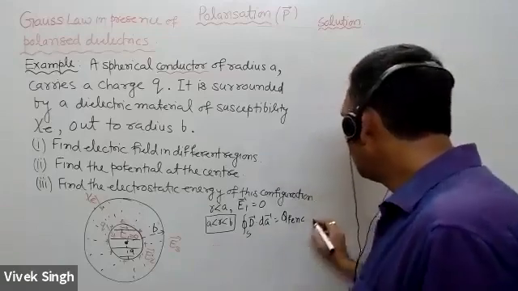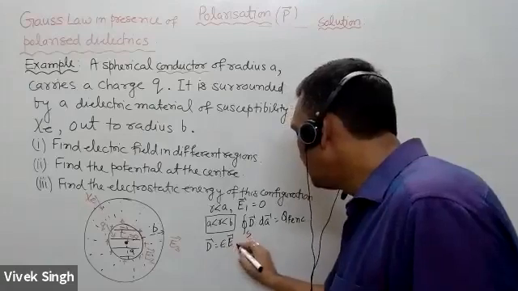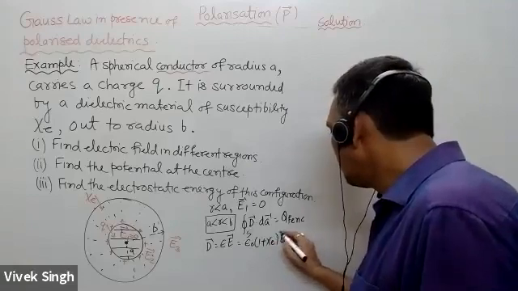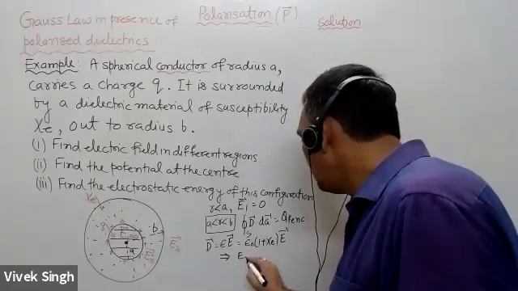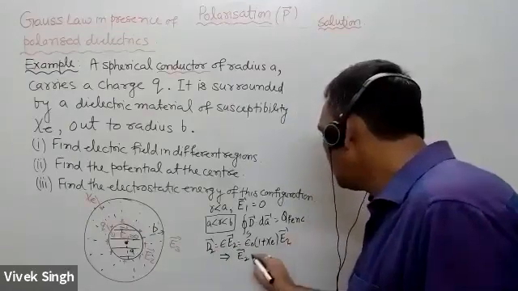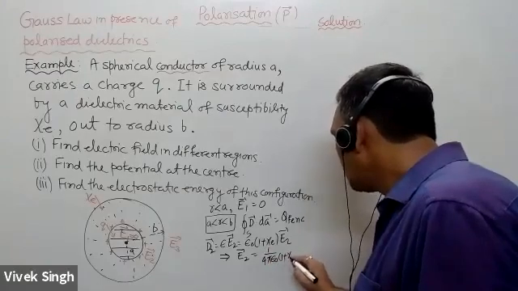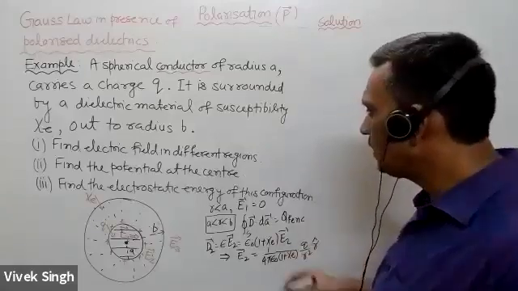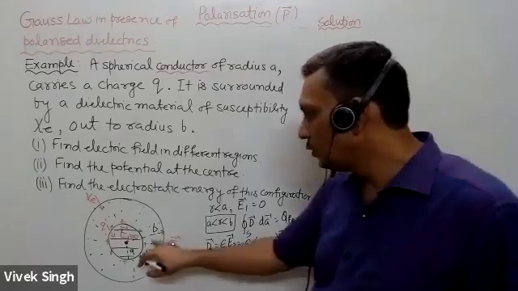And then use D is given by epsilon E. So that will be epsilon 0 (1 plus chi E) into E. So if you use this relation, electric field in this medium, let us take it as E2, is 1 by 4 pi epsilon 0 (1 plus chi E) Q by r square r cap. You can easily calculate this relation. Electric field in region 2.